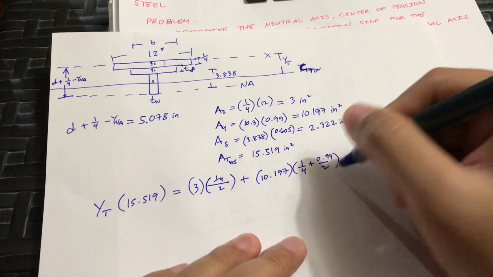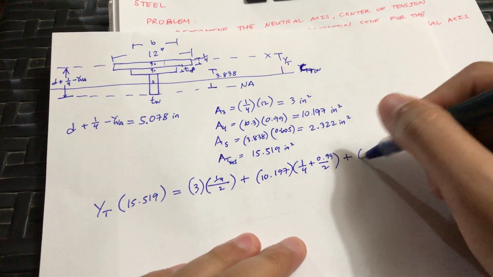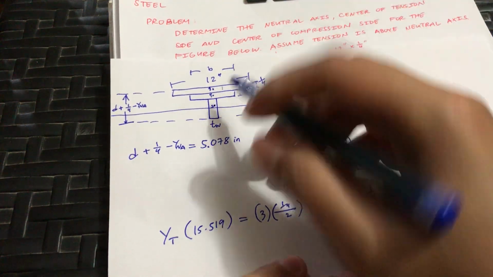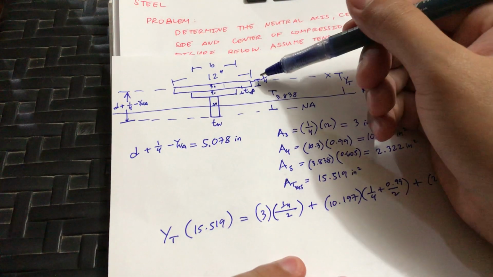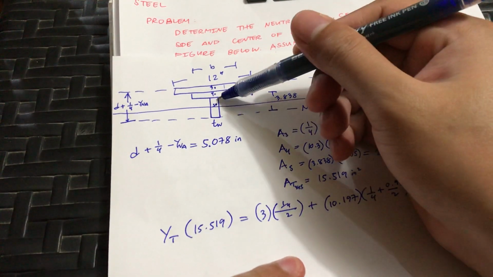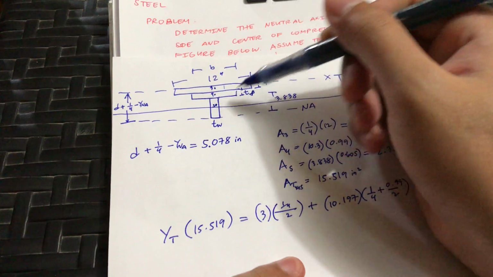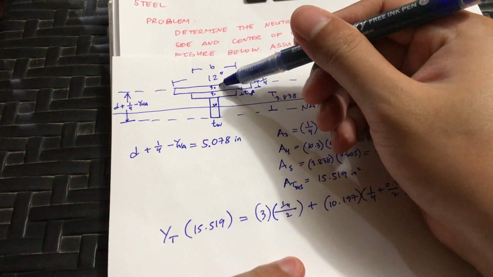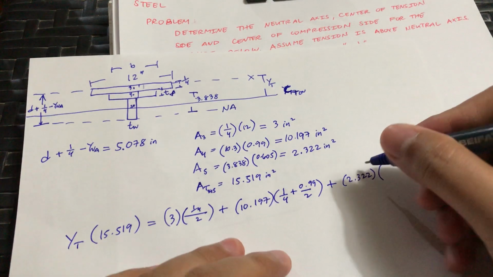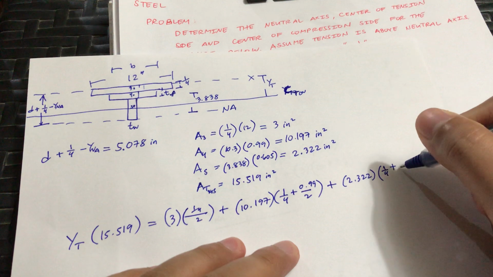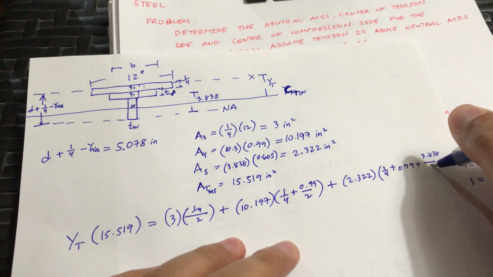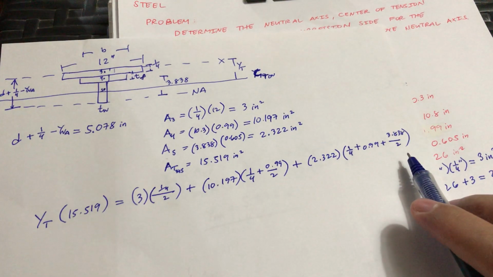So 0.99 over 2. Plus area 5, that is 2.322. The center of area 5 is somewhere over here, so that is 1/4 plus TF plus half of 3.838, because it will be located half over here. Okay, so this should be our equation.